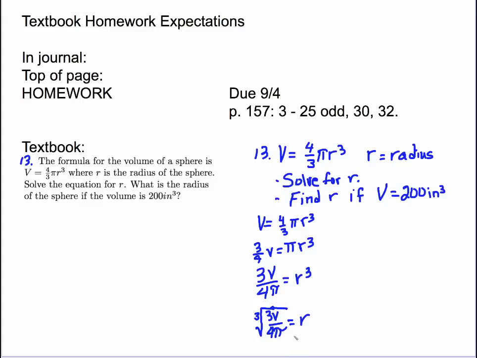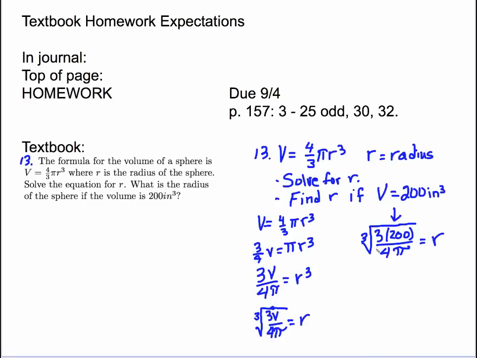Now the next thing that you want to do is find r if V = 200. So to do that, you would substitute 200 for V in the formula, and you would find this is 3 times 200 over 4π = r.